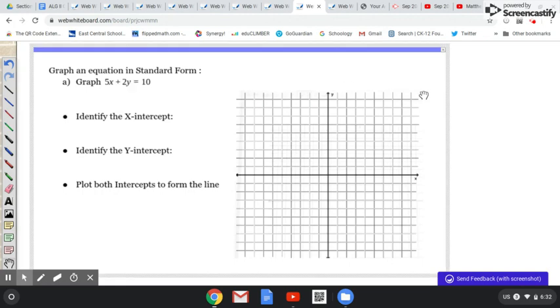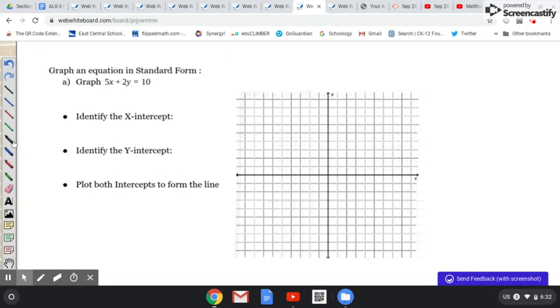So here, example A, we have a line in standard form. It looks like ax plus by equals c. That's how I know it's in standard form. We're going to find the x-intercept and y-intercept and use those points to graph the line.